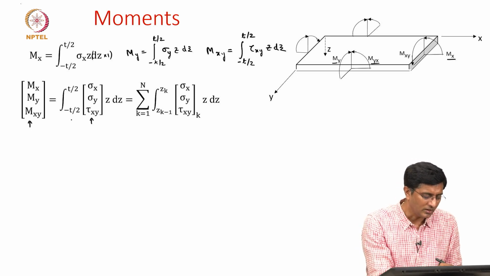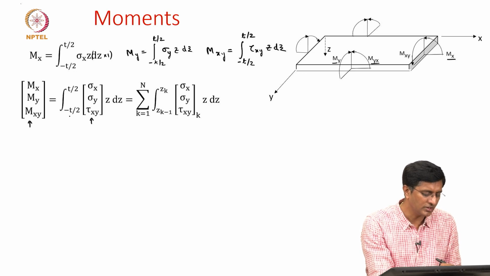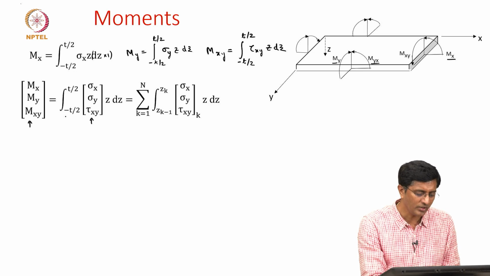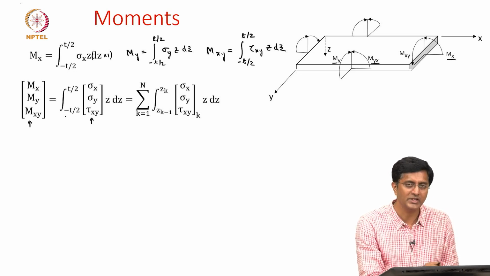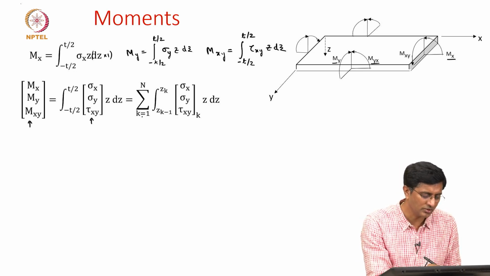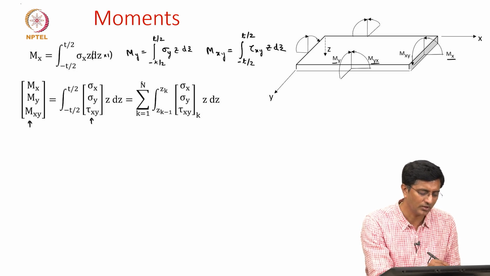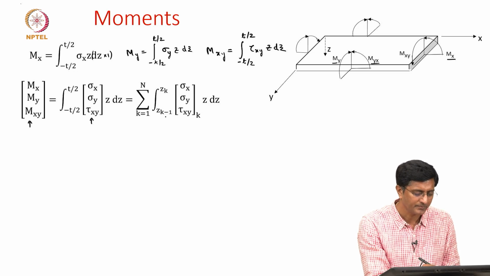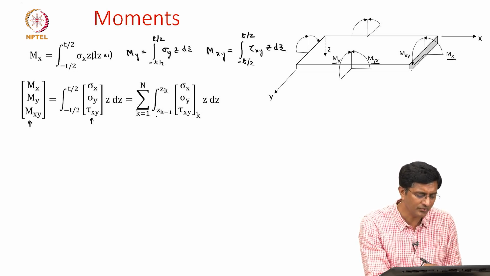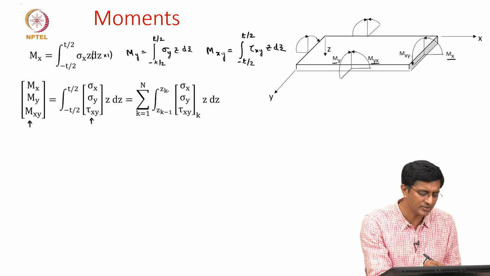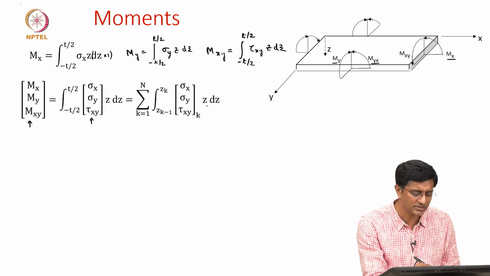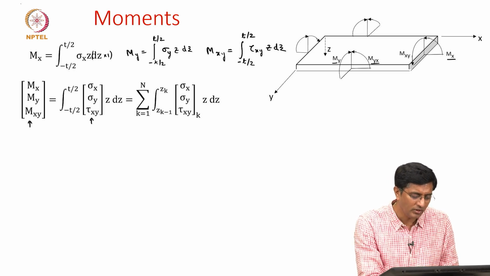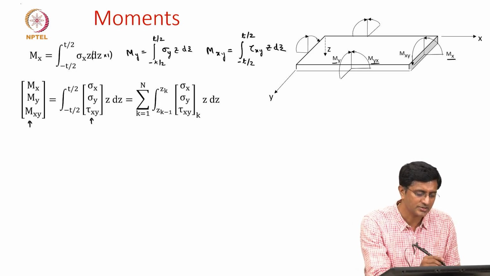And since the first integral is written in terms of the laminate going from top to the bottom, now we are writing it in terms of each layer. That's why we got the summation over k going from 1 to n, and for each layer we write the integral from z k minus 1 to z k in terms of the stresses and z dz.